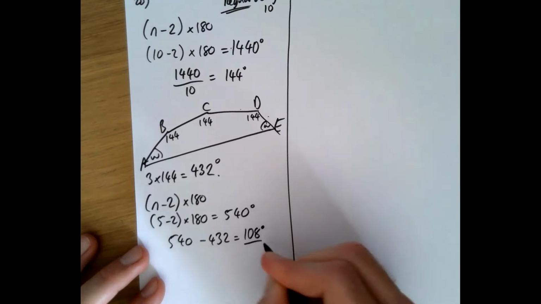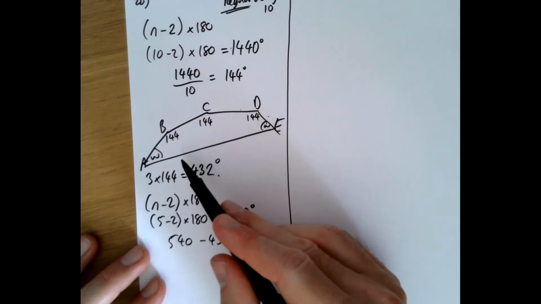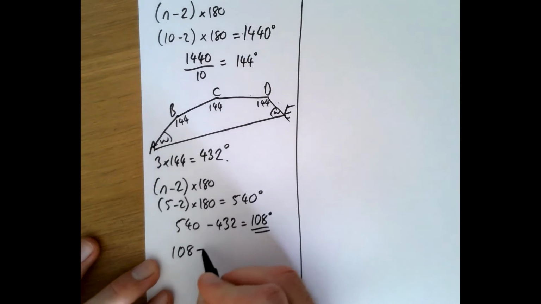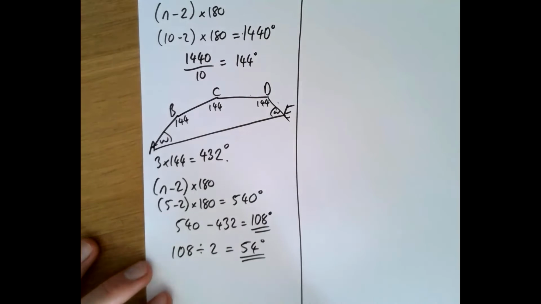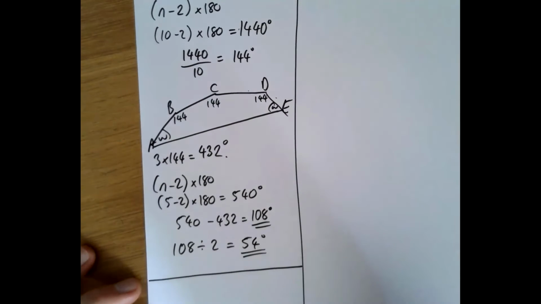And we need to divide it between these two angles. Now, fortunately for us, they're both the same. So we can just do 108 divided by 2. Each angle must be 54 degrees. And that's all we've got to do for that question. We don't need to do anything else.